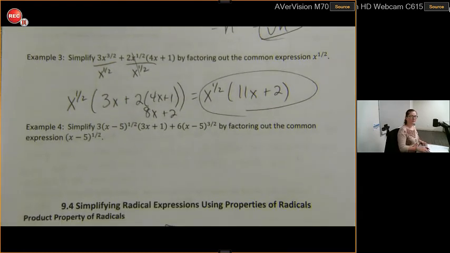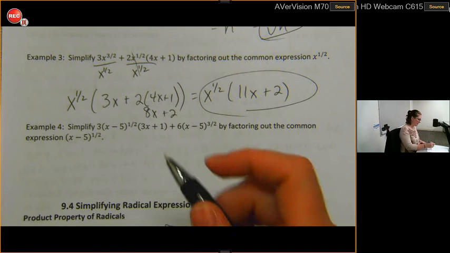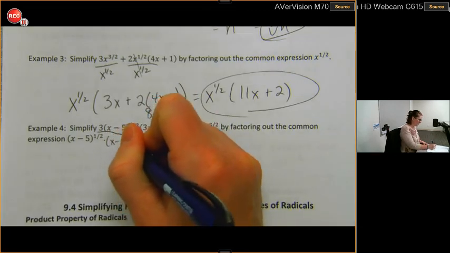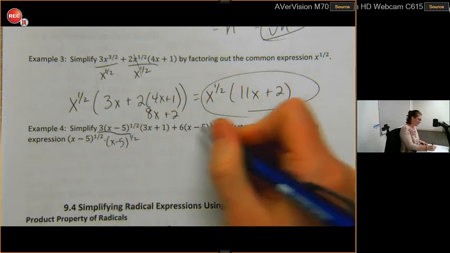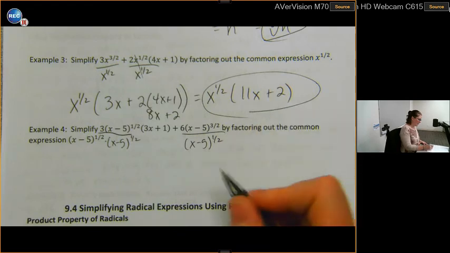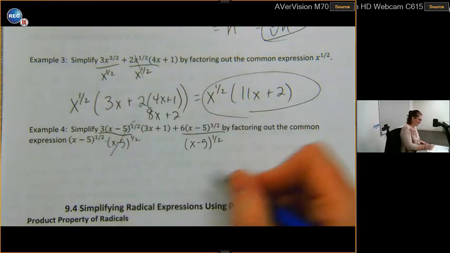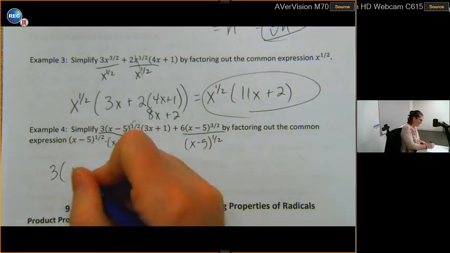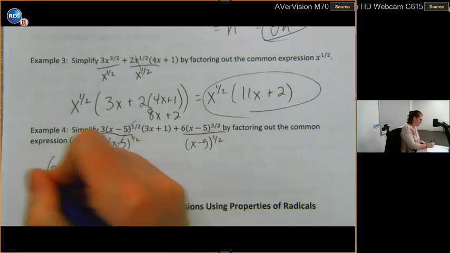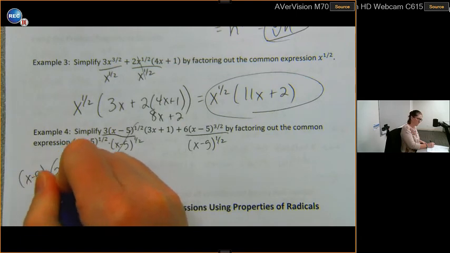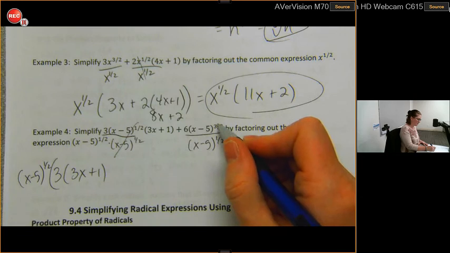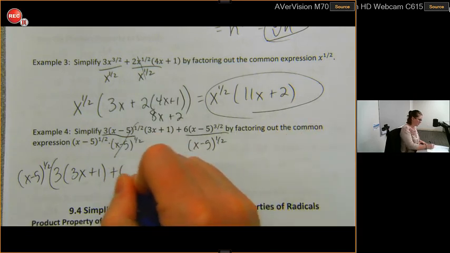And then on example 4, we're factoring out x minus 5 to the 1/2. So we're going to divide by x minus 5 to the 1/2. So these cancel out. So I have 3 times 3x plus 1. And here when I subtract, it's just the first 3/2 minus 1/2 is 1.